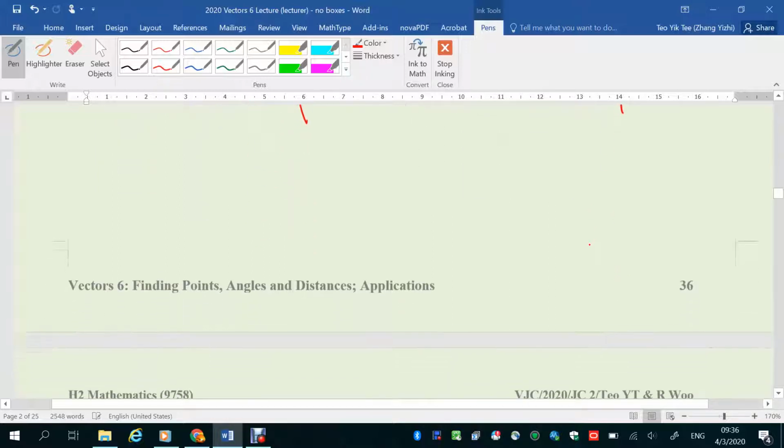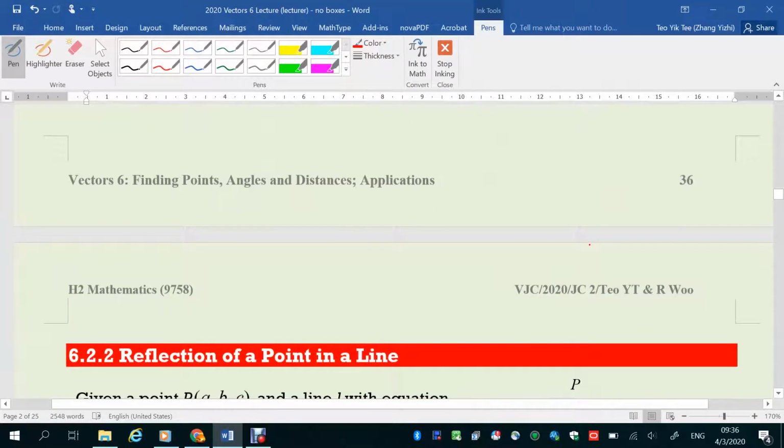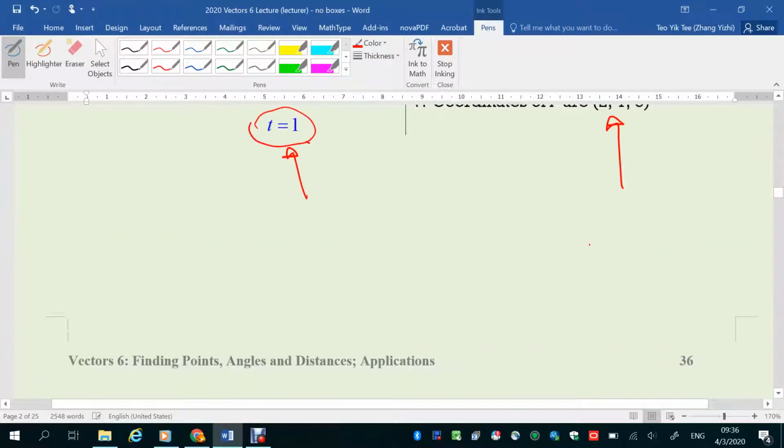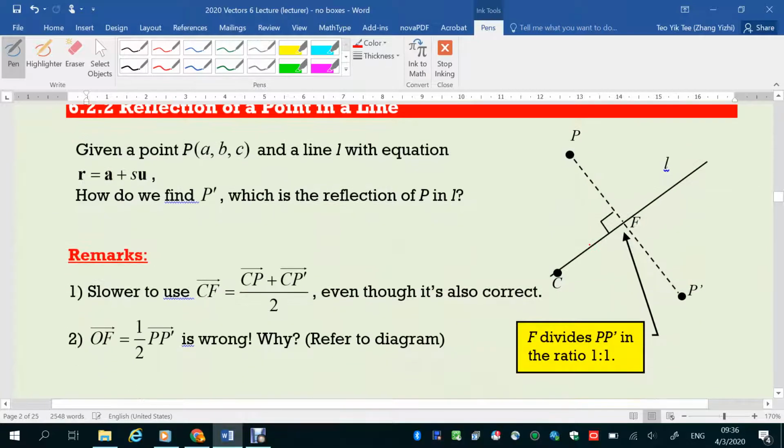Okay, with this concept, we're going to extend a little bit into the reflection of a point in a line. If this is your point P and this is my line L, where is the reflection of the point in the line? You must understand they must be equidistant. If this is point P, the reflection will be point P prime.